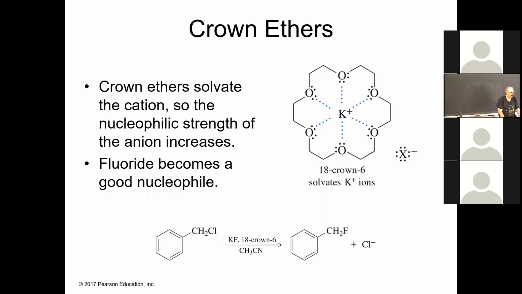Crown ethers, such as 18-crown-6, can be used to dissolve compounds such as potassium permanganate, KMnO4, in organic solvents. We've talked several times about how like dissolves like.